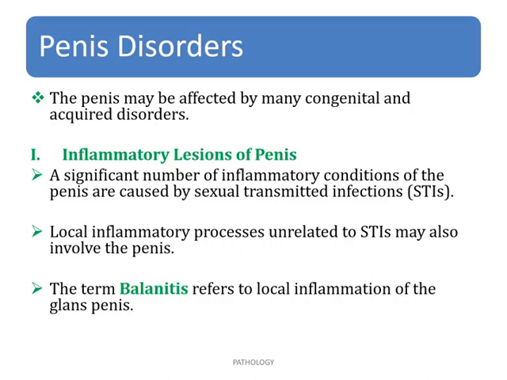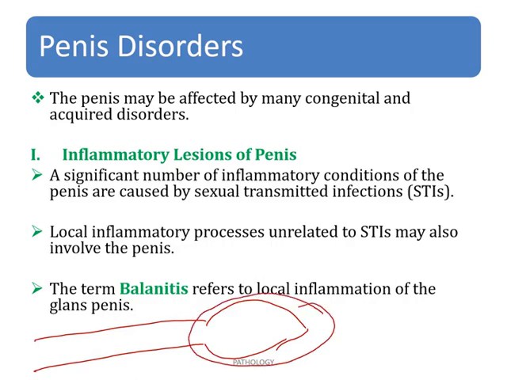The head of the penis can be inflamed. Do you remember the penis has the shaft and the head? This head is known as the glans penis. So inflammation of the glans penis is known as balanitis. So balanitis is a term used to describe local inflammation of the glans penis.